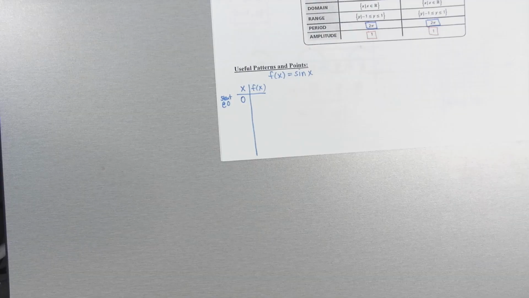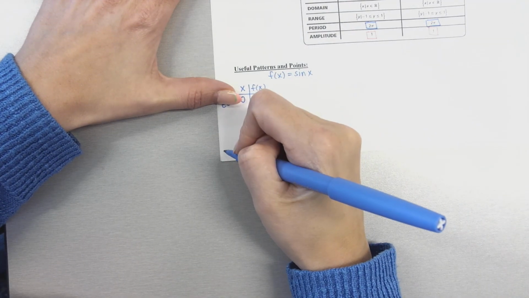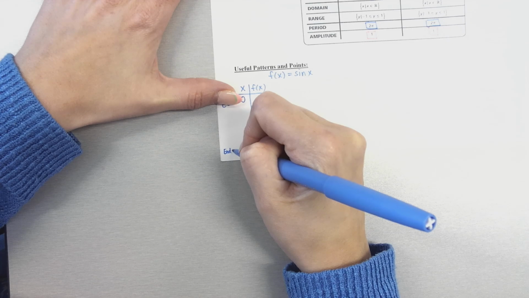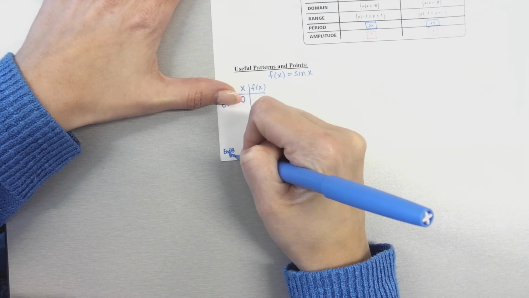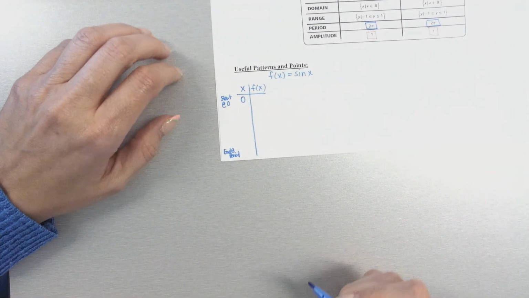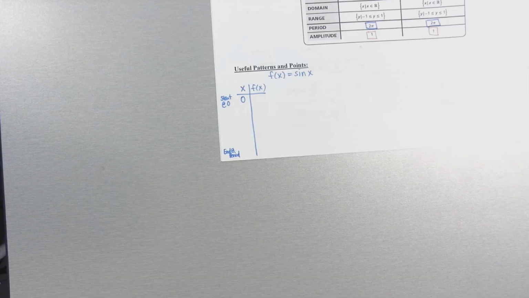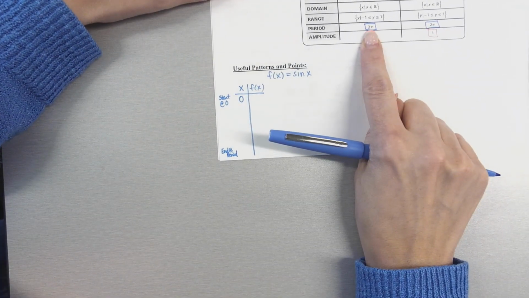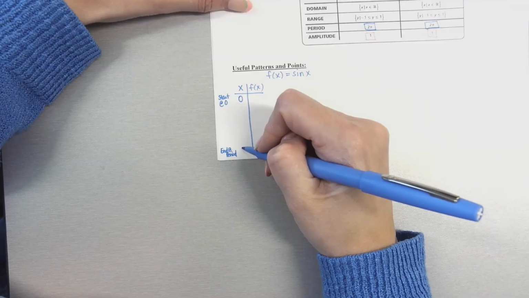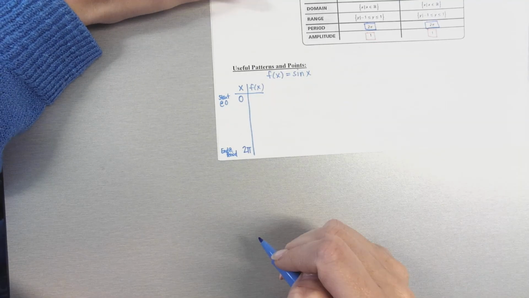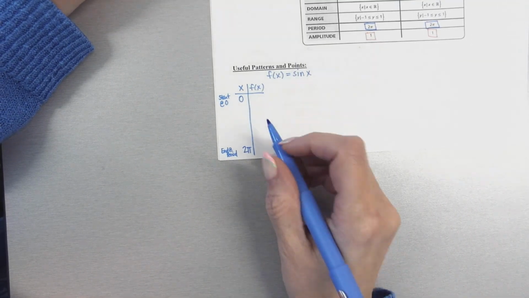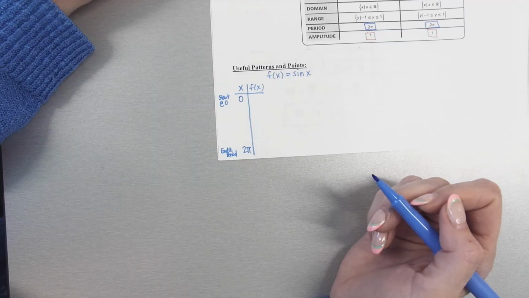Now, where we end, we are always going to end at the period of the function. The period for sine, what we talked about yesterday, is 2 pi. In between is going to be the halfway point.